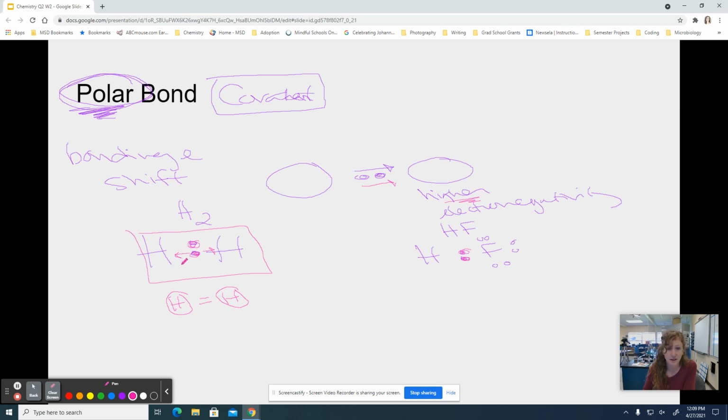There's nothing there that would cause them to shift. If we look back to force of attraction, the Z, or the nuclear charge, for both hydrogens is exactly the same. The distance of the electrons to the nucleus is also exactly the same. So these electrons do not shift. No shift in bonding electrons. Therefore, this is a non-polar bond.